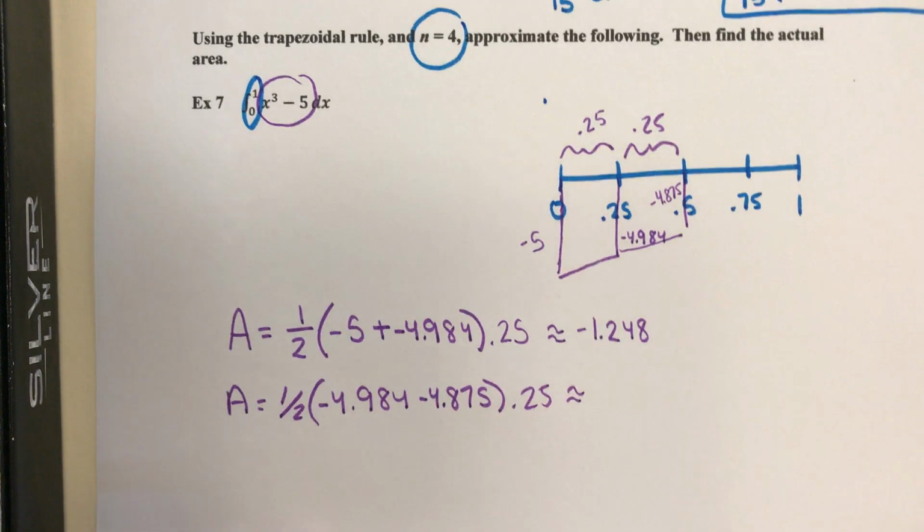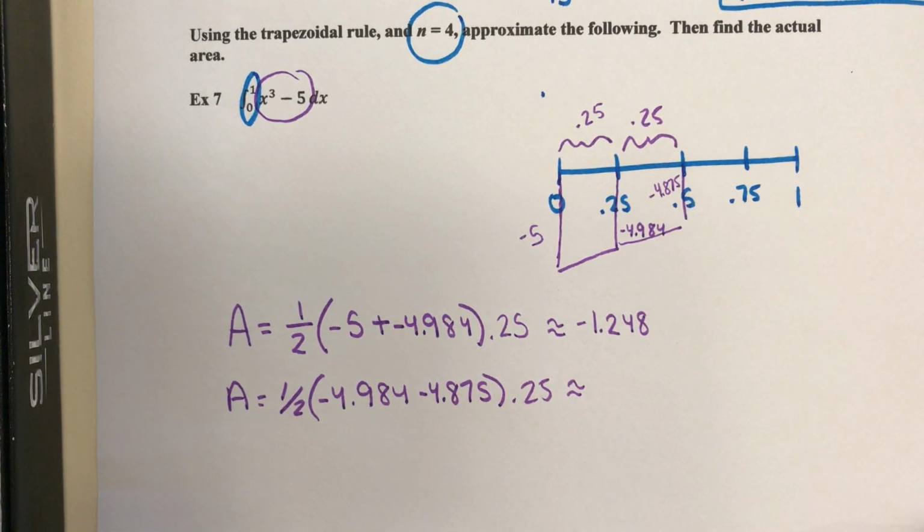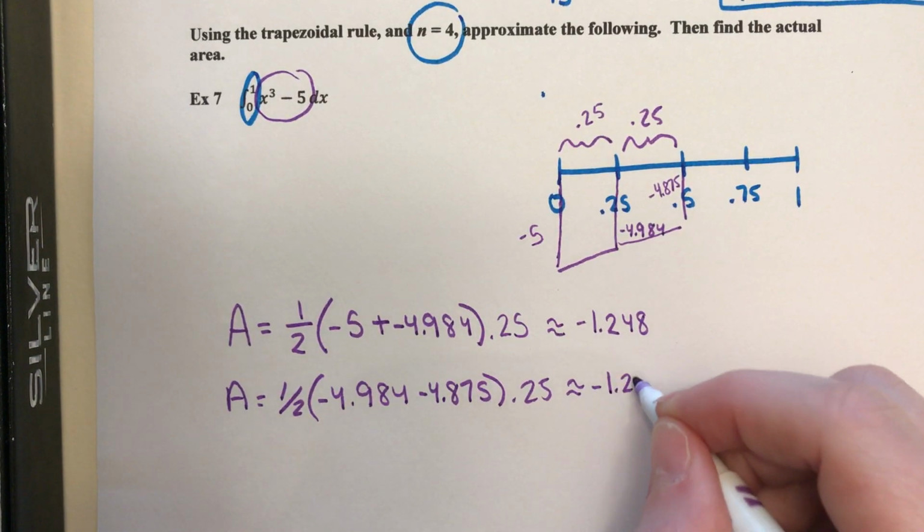So I'm going to use my calculator to figure that out as well. That gives me -1.232.